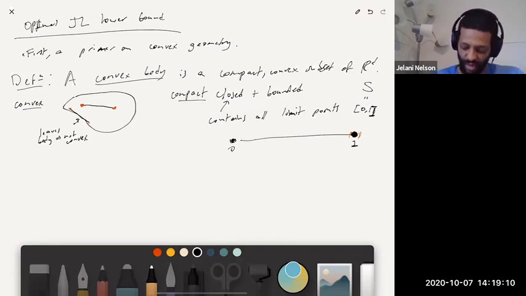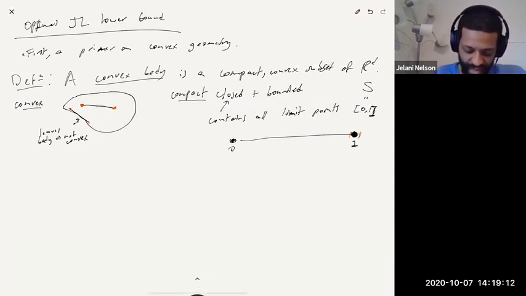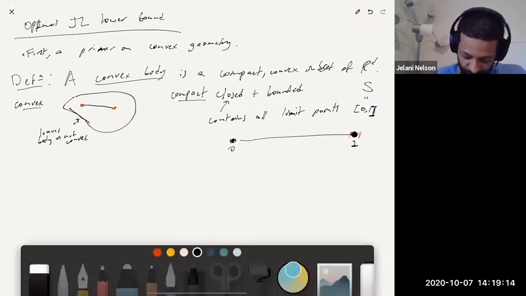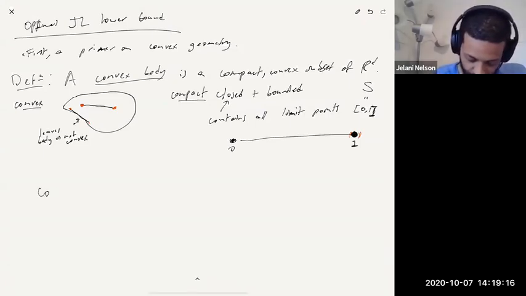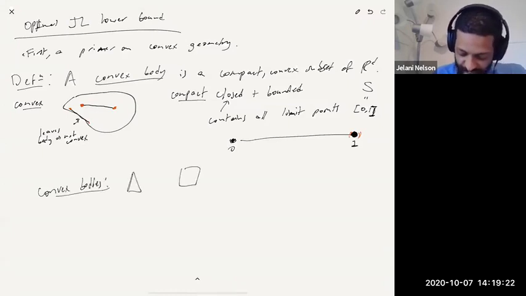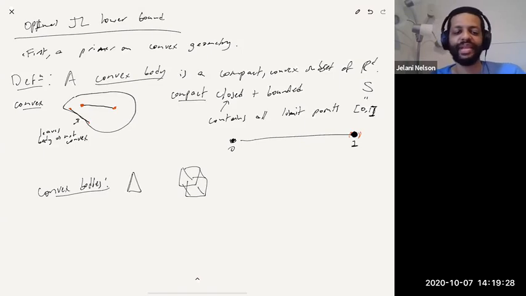So convex bodies are closed and bounded. Like this is a convex body in R2. This is a convex body, that's a convex body, etc. That's what you think. Okay, so just think polytope in some maybe high dimension.